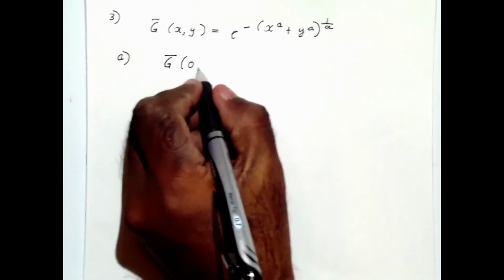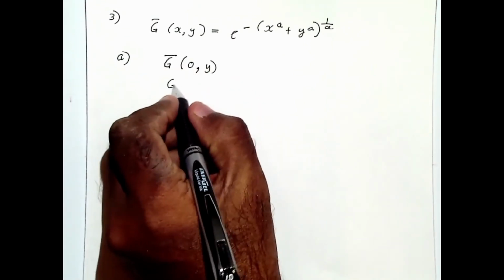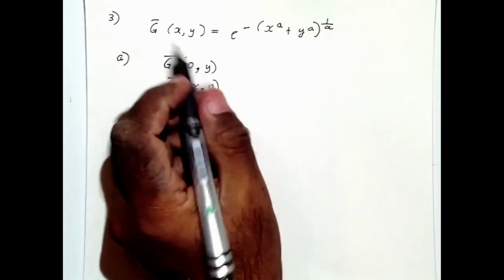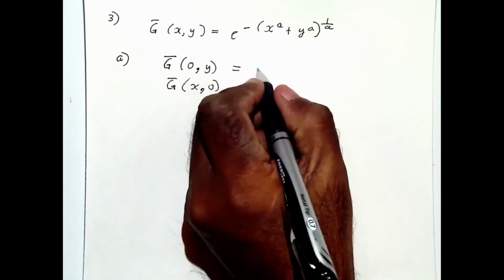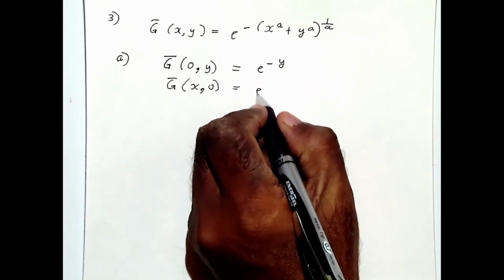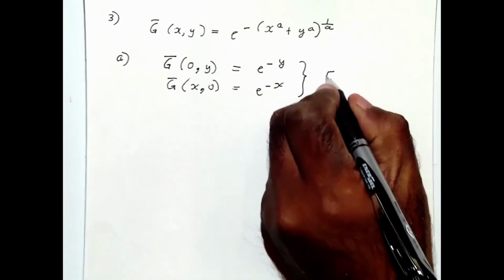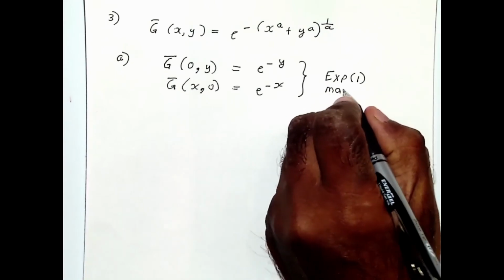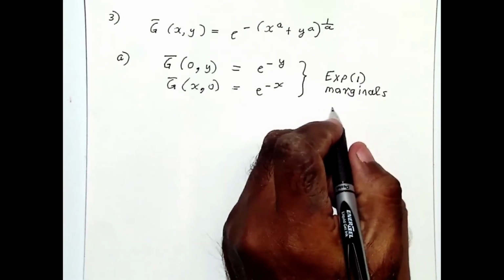So to find the marginals, you put x equal to y, and also you put x equal to 0 and y equal to 0. And if you do that, you will get this for the first, and you get this for the second. And these are clearly exponential marginals.